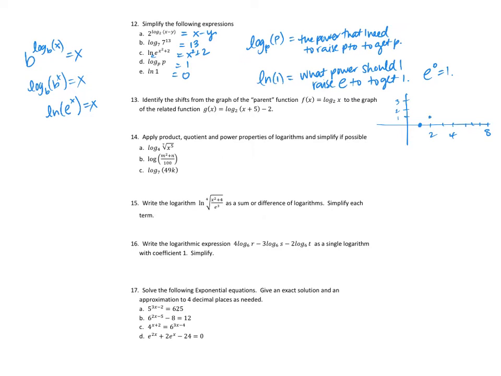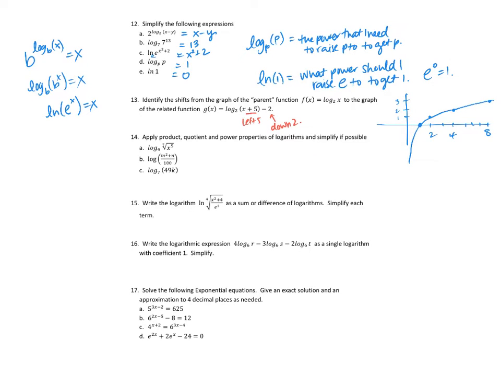I know 2 to the first is 2, 2 squared is 4, 2 cubed is 8. So it looks like this is my parent function. And then these shifts here say I'm going to go to the left by 5, and this says I'm going to go down by 2.